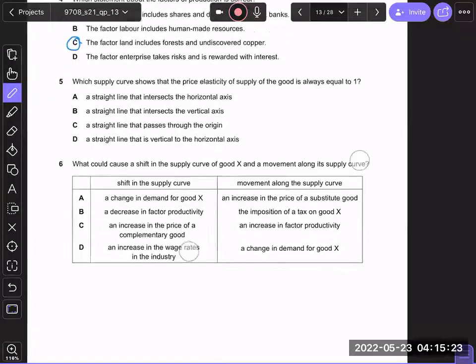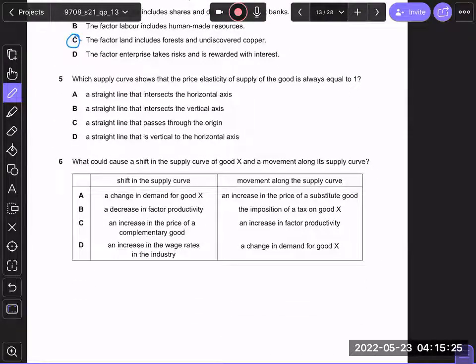Which supply curve shows that the price elasticity of supply of the good is always equal to 1? PES is equal to 1. Which ones have PES equal to 1?